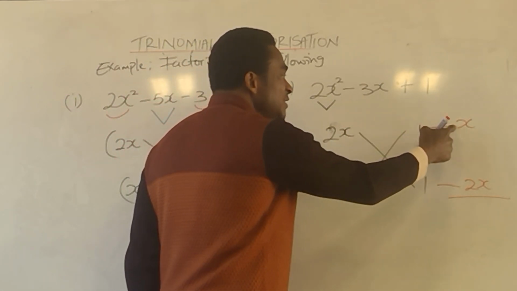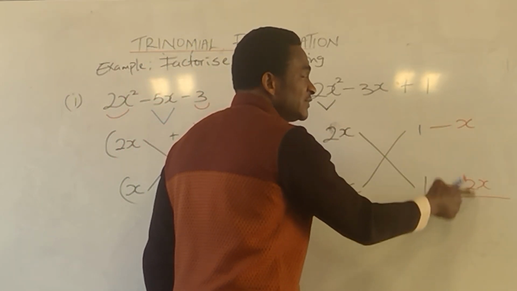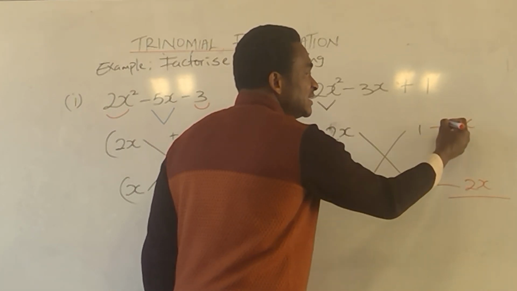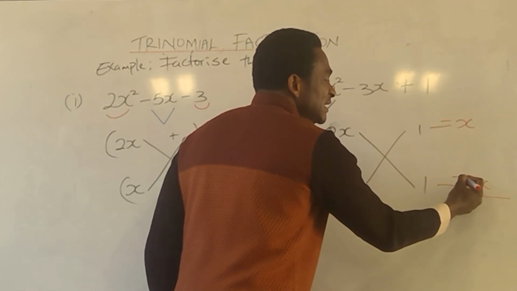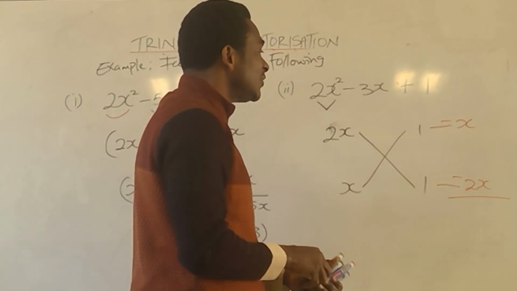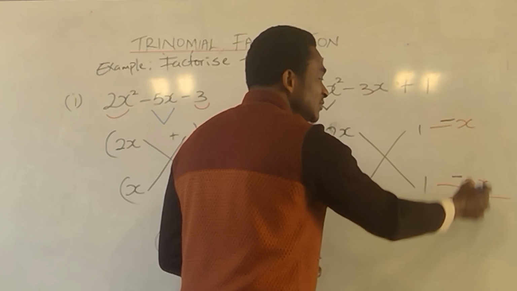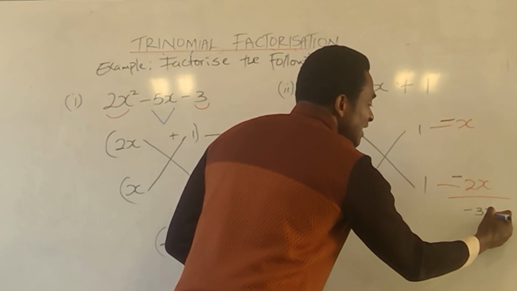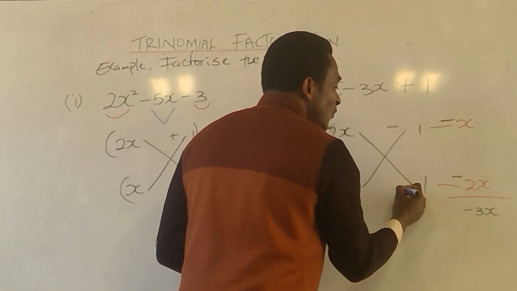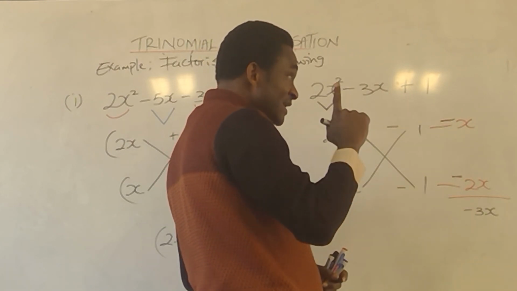So for me to arrive at negative 3x from these two values here, then it has to be -1 and -2. That is the only thing that will give me negative 3x here. -1 and -2, add those values, it gives me negative 3x. That means I have negative and negative here.